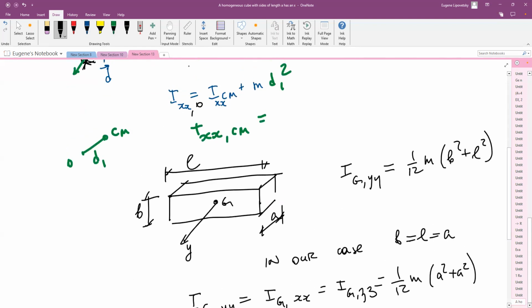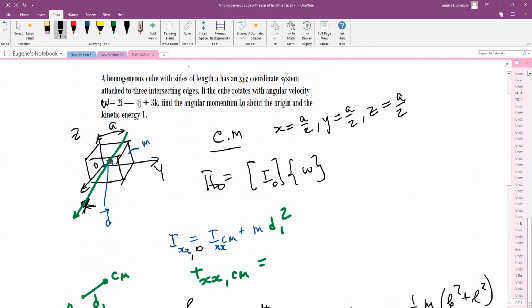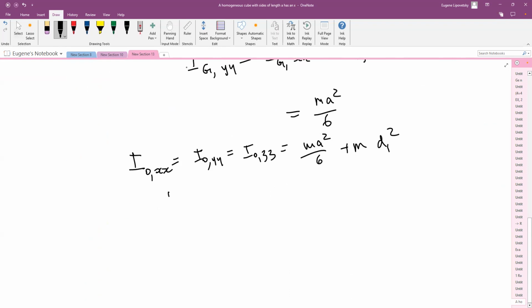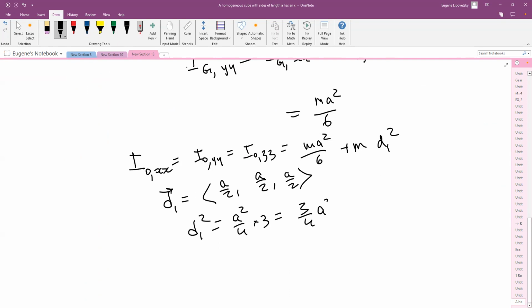Now what's the D1 squared? It's this distance, this length here, right? So D1 vector equals A over 2, A over 2, A over 2. So D1 squared equals A squared over 4 times 3, which is 3/4 A squared, right?